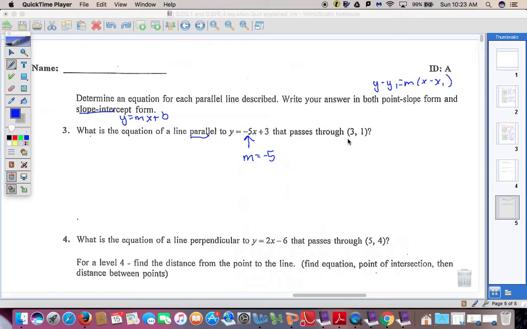Now my ordered pair is given, so that's my x1 and my y1. And now I'm simply using my point-slope equation that says y minus y1 equals m times x minus x1, and I'm substituting my given information in. So I'm going to substitute this negative 5 for my m.